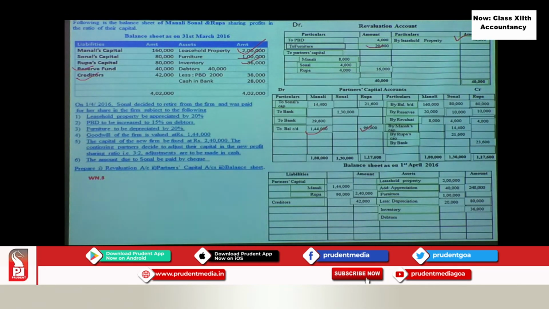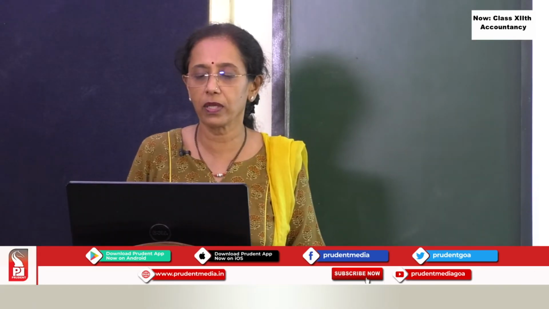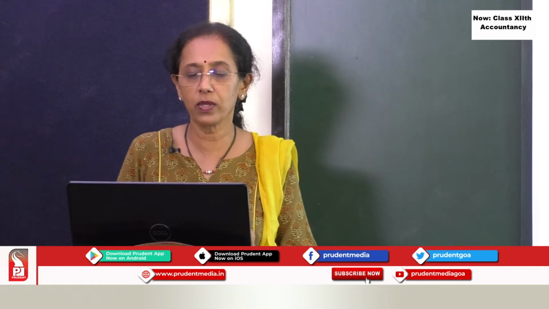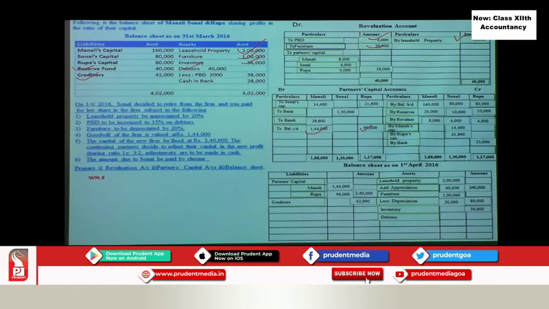Then next is debtors. So how much are debtors given to you? 40,000. All of you just have a look, there is a PBD increase of 4,000, but already there is a PBD of 2,000. So you add that to the 2,000 and the total PBD will now be 6,000, because the percentage says increase to, meaning up to that amount.